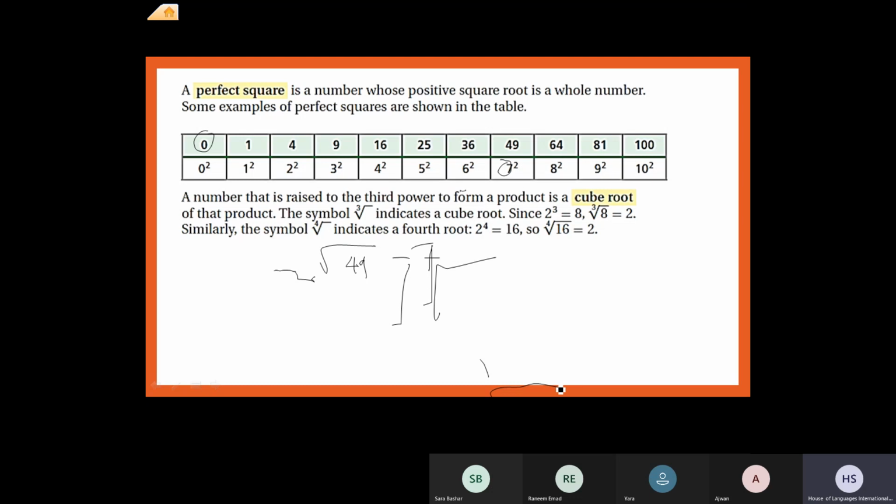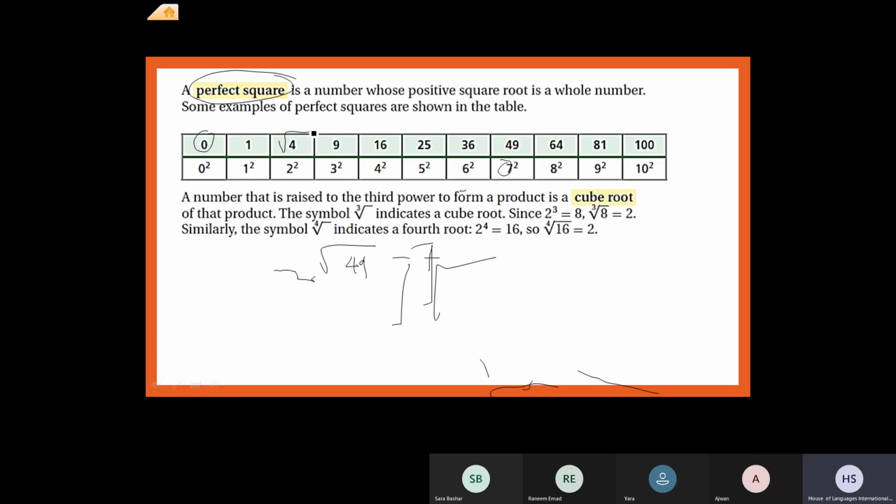If I asked you to which subset the square root of 49 belongs, and I give you choices like rational, irrational, you have to say rational. Only these numbers. What do we call them? Perfect squares. Perfect means I multiply 1 times 1, 2 times 2, the same number.